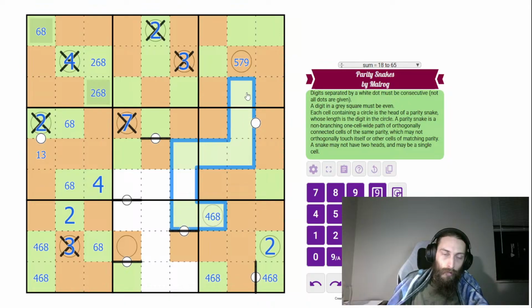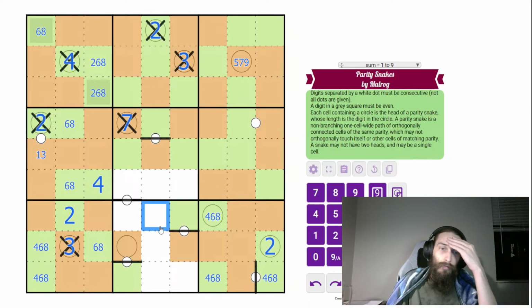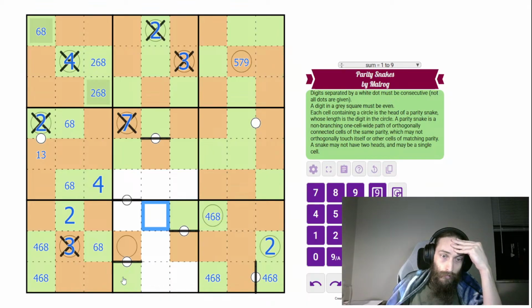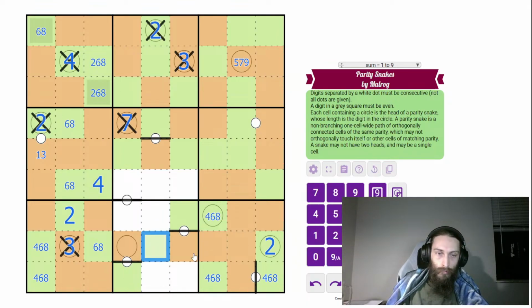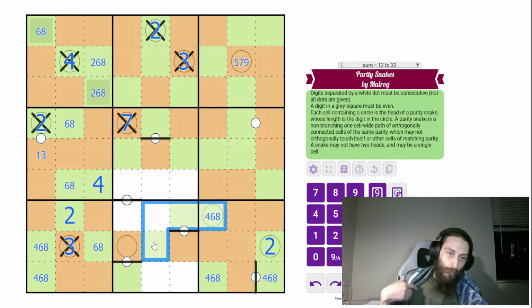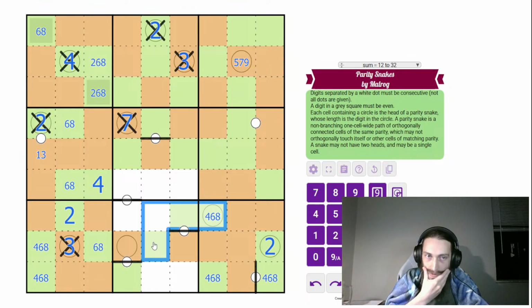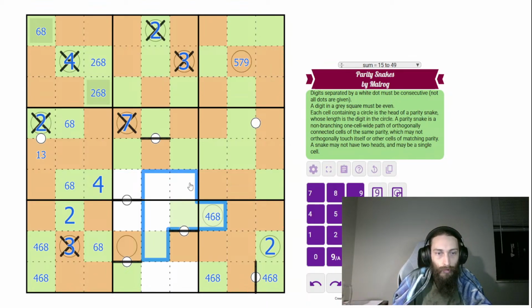6, 7, 8. It could go up and be length 8. Row 8 needs an even. I guess that would be 4 going across that way. And we'd have our two odds, an even and an odd.